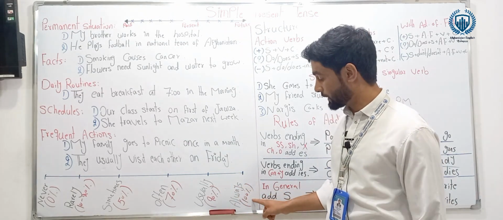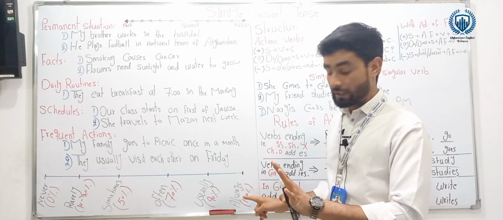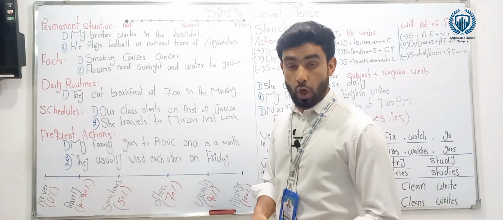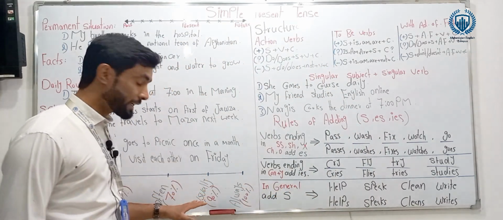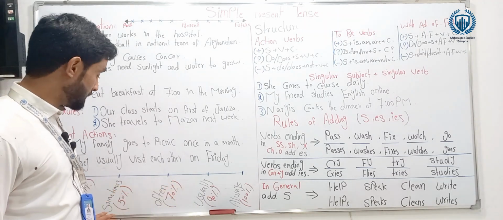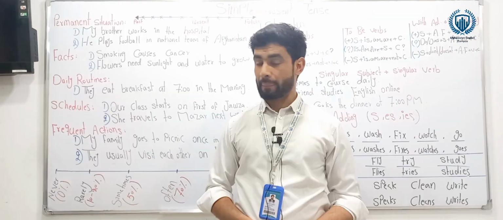If the repetition of the action is not missing at any point or any day, you can use always for that action. Hope it's clear and hope you understood about frequent actions with simple present tense, and you will have a lecture about adverbs of frequency in detail in the next sessions, inshallah.